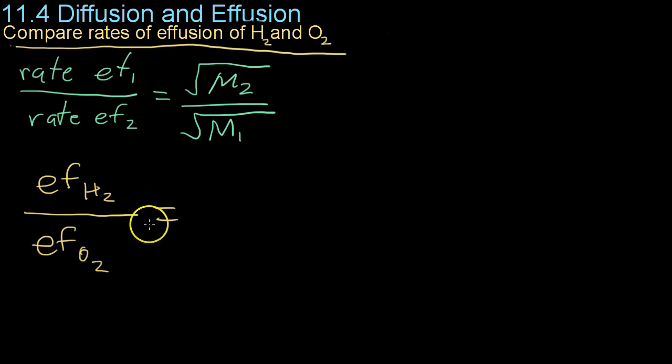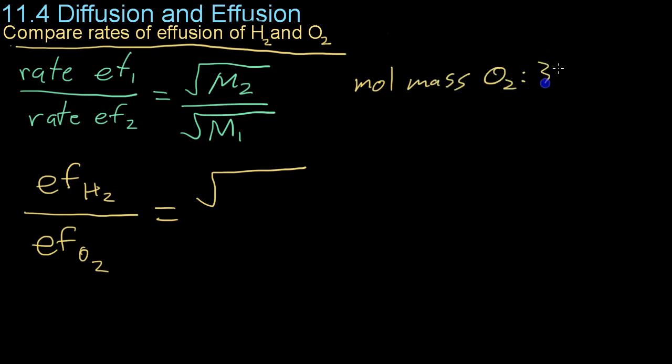Now you have to plug in the corresponding masses to make sure you get the correct answer. So the molar mass of O2 is about 32 grams, and the molar mass of H2 is about 2.02 grams.